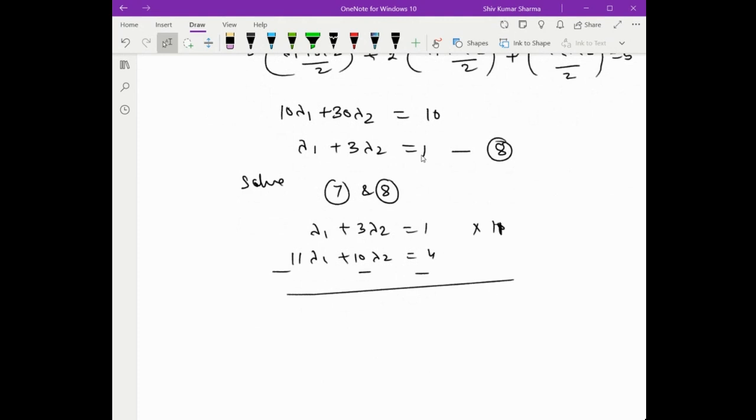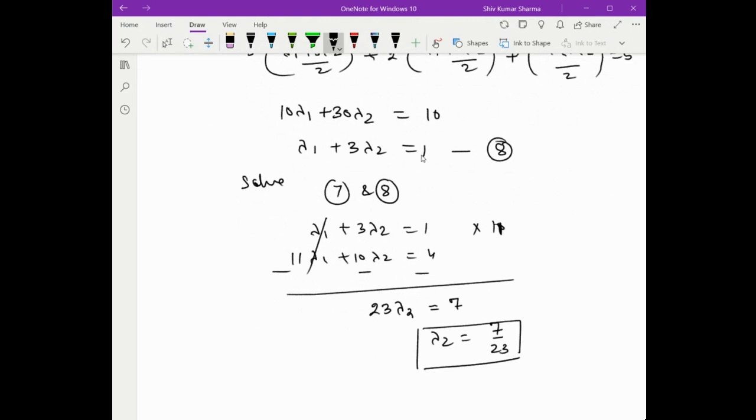So this cancels. 11 times 3 is 33, 33 minus 10 means 23. 23 lambda 2 equal to 11 minus 4, which is 7. So lambda 2 is equal to 7 upon 23.